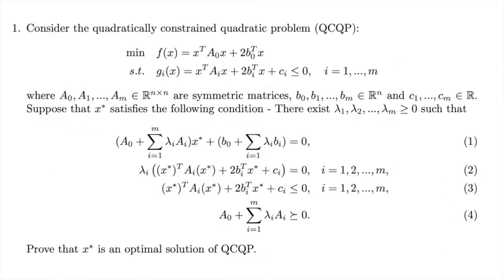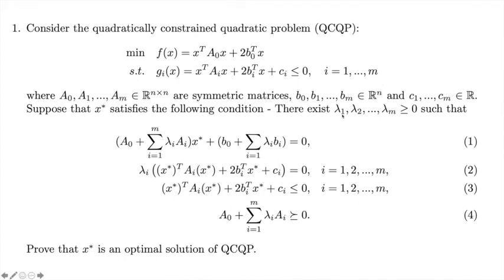Let's consider the following question. We want to minimize f of x being x transpose A0 x plus 2 b0 transpose x, given that g_i of x for every i, given as follows, would be smaller or equal to 0. We know that A0 to Am are n by n symmetric matrices, and b0 till bm are in R^n. c1 until cm are in R, and we suppose that x star satisfies the following conditions.